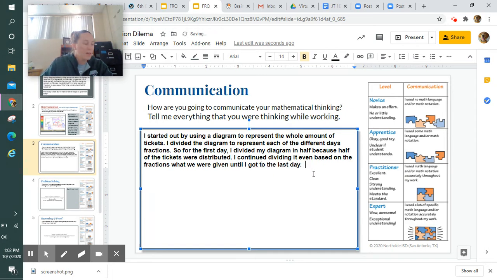Okay. Once I got to the last day, I knew that there was 60 tickets left over. And I had 5 equal spaces.